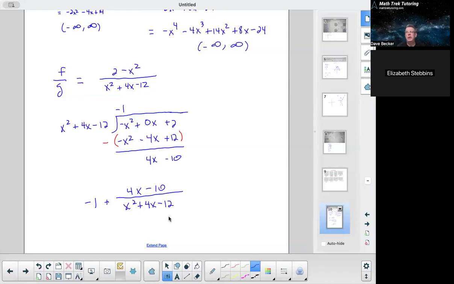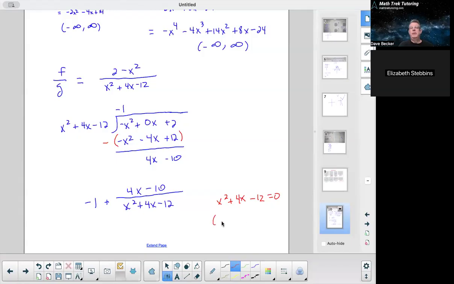So now for the domain, we have to figure out what's not allowed. Whenever you have a fraction, what's not allowed is whatever values of x would make the denominator equal to 0. So you have to solve that.